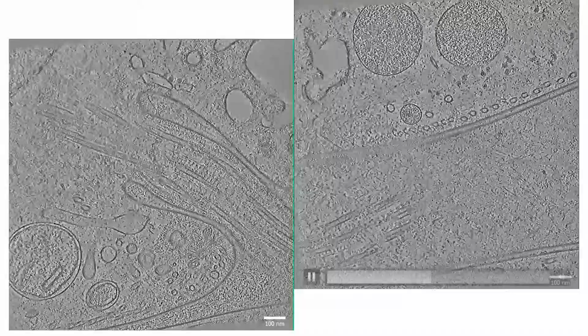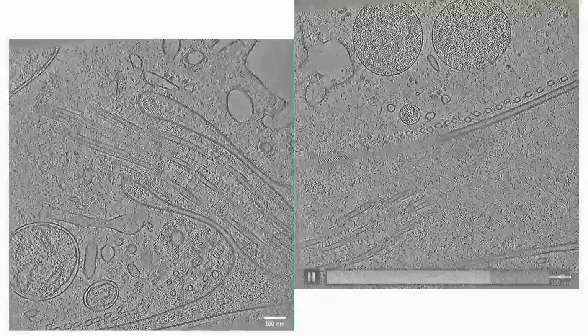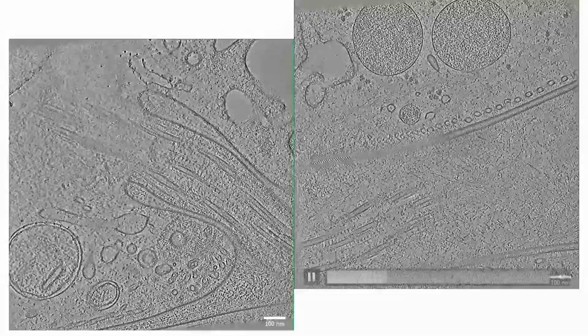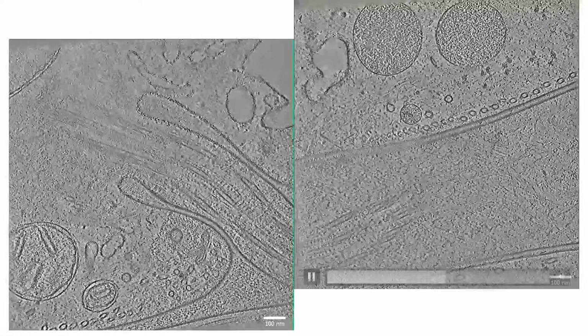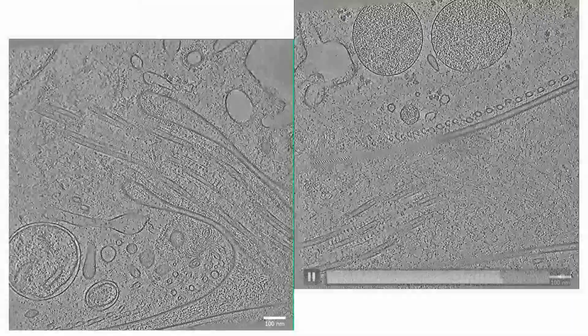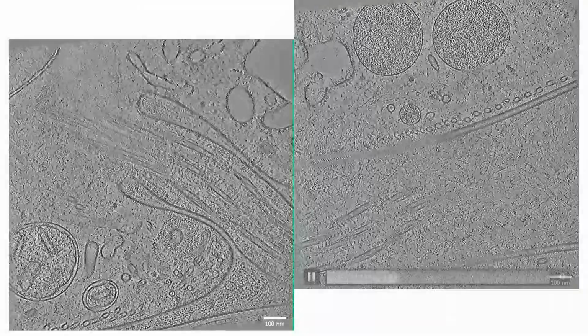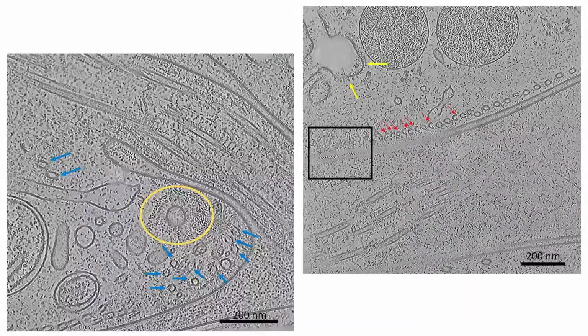In this region, we can see connections, junctions between the flagella membrane and the cell body membrane, like desmosomes. I don't know, maybe it reminds me of desmosomes. And here you can see the microtubules disappearing, coats on the membrane of this structure, and here the filaments.